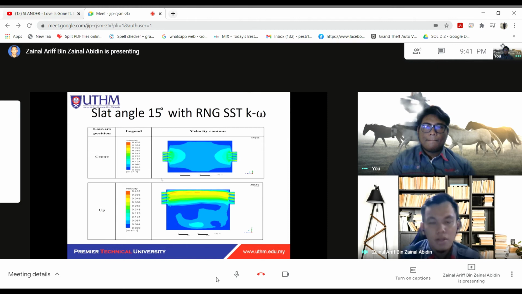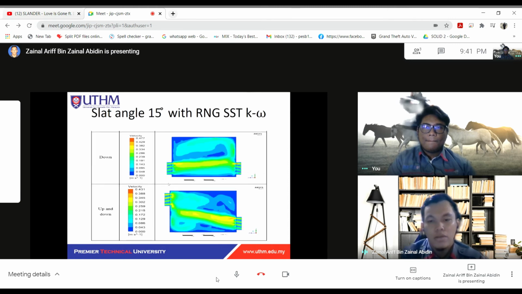Based on the result, for the center, up, and down, the last model, which is the louver placed up and down, has a better flow, because the contour shows that the wind flows inside the ventilation across all the area.